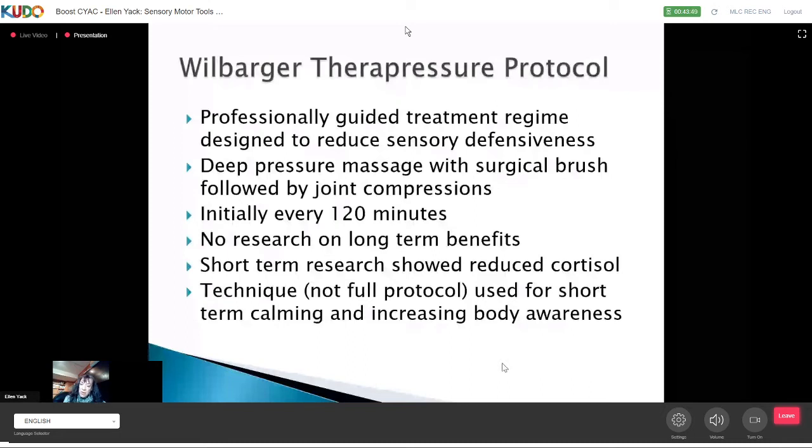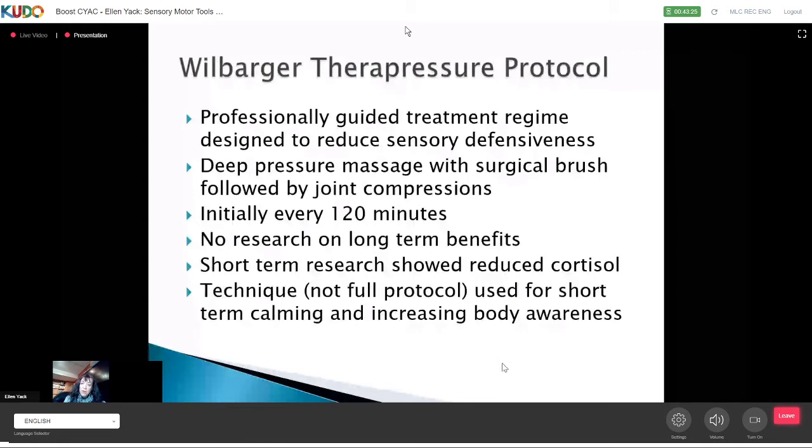There's no research on the long-term benefits. There's certainly clinical reports, but short-term research has showed reduced cortisol following application of the technique. So they looked at cortisol levels in the saliva before and after brushing, and they found it was reduced. So some people don't just use the Wilbarger protocol to reduce sensory defensiveness, they use it as a calming strategy.